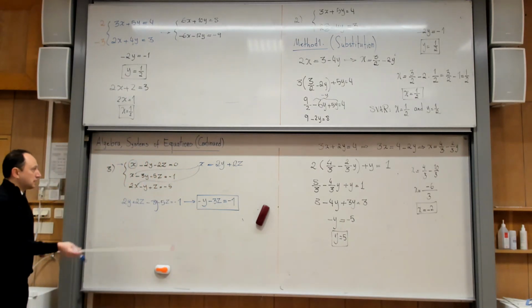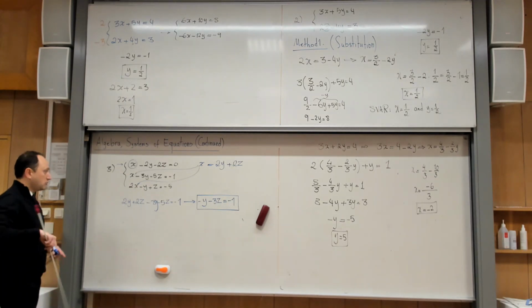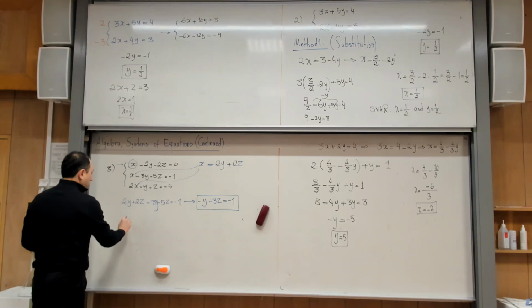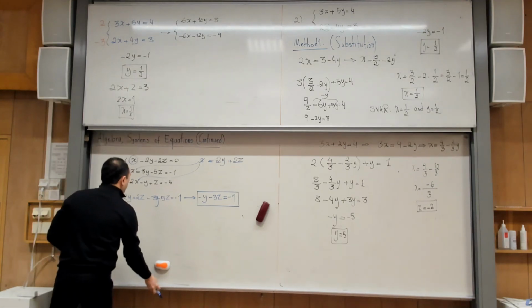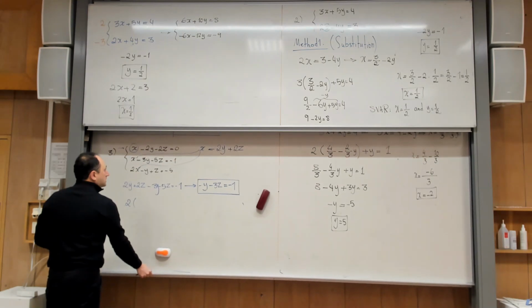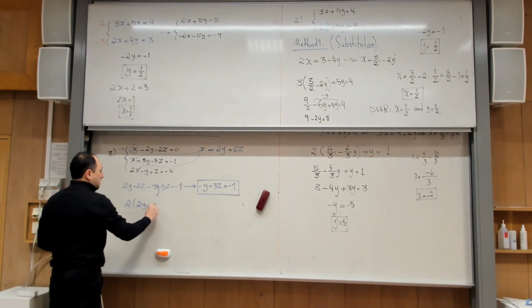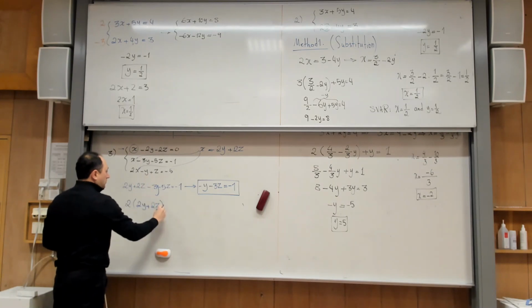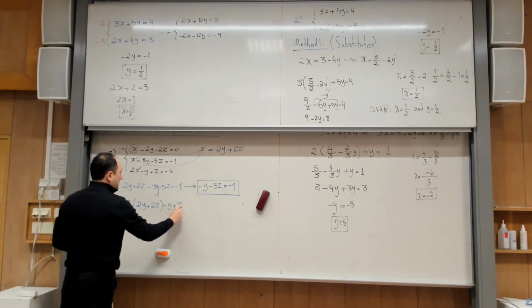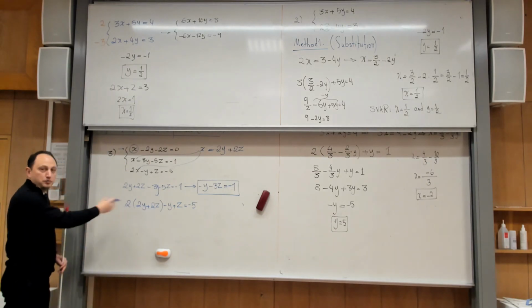But still it's not finished. I will take this one and substitute here as well. So what happens? It becomes 2, and then instead of x, I put that expression, 2y plus 2z. And then I have minus y, and then I have plus z equals minus 5. And then simplify this expression.